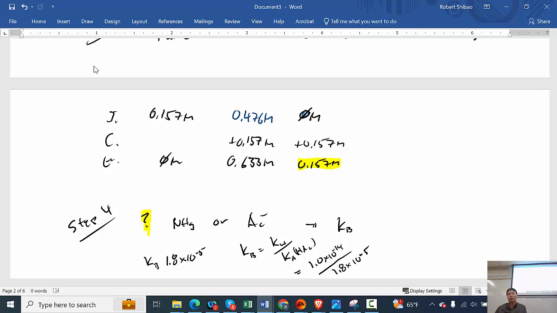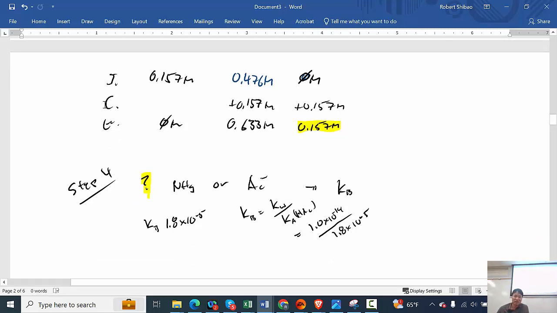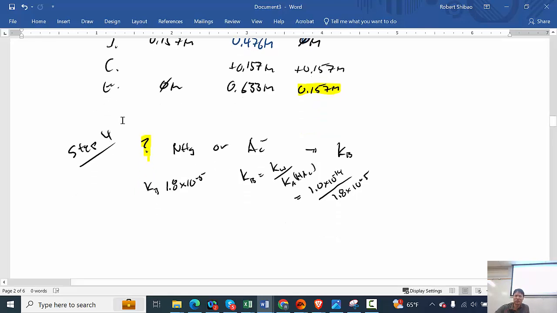But at 3 sig figs, they're different. This is 1.7 something, and this is 1.7 a different something. So to 2 sig figs, they're the same. To 3 sig figs, they're different. So I just memorize it to 2 sig figs, since 2 sig figs is, for most calculations, enough.